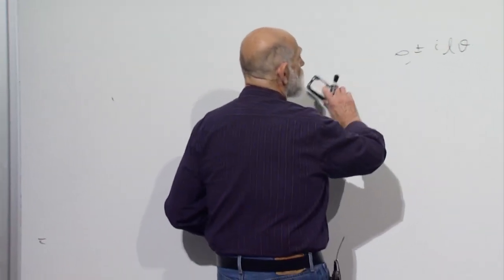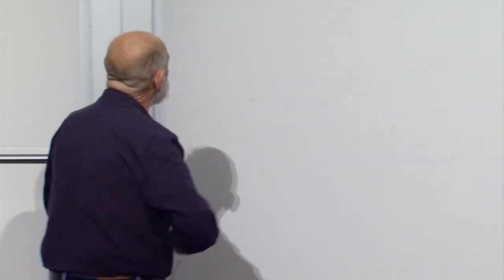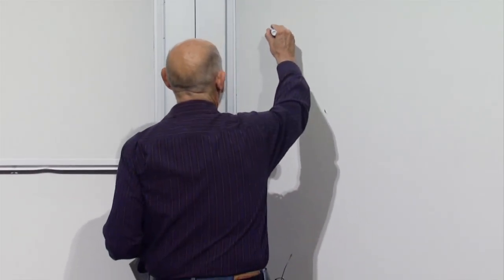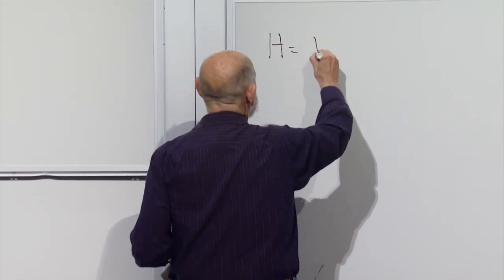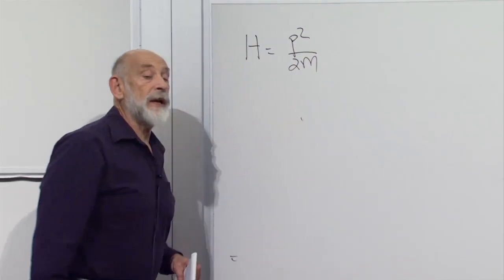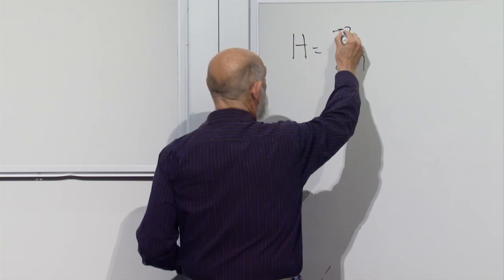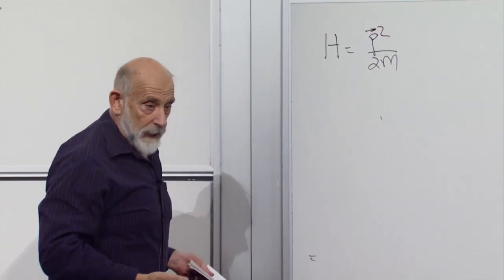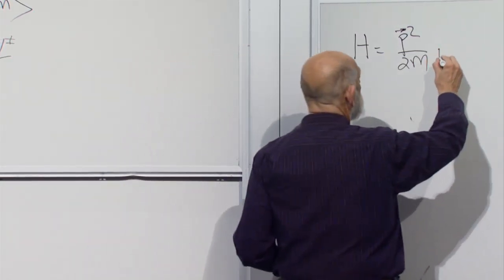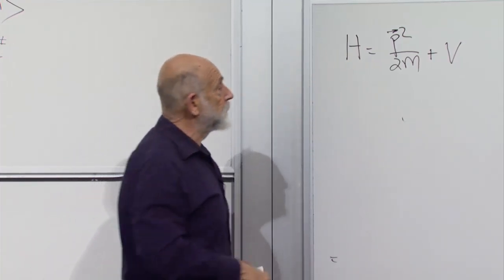What is it we want to do? We want to solve the Schrodinger equation for a problem with a Hamiltonian which is p squared over 2m. Now, p stands for the three components of momentum, so it's a vector. p squared over 2m is kinetic energy, plus some potential energy which only depends on the radius.